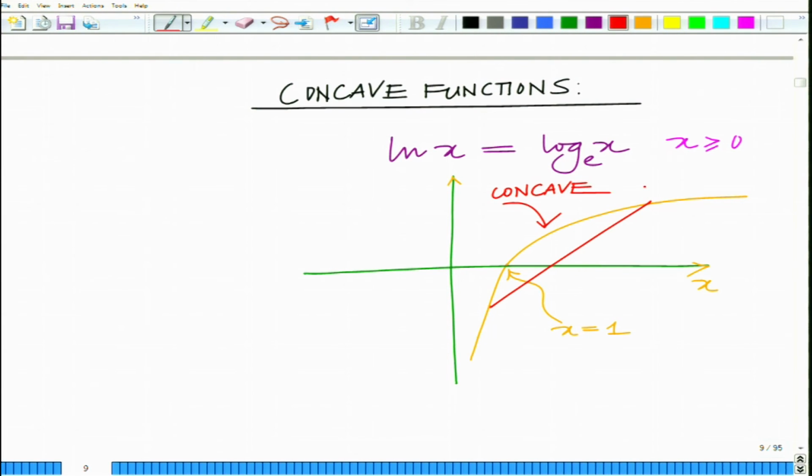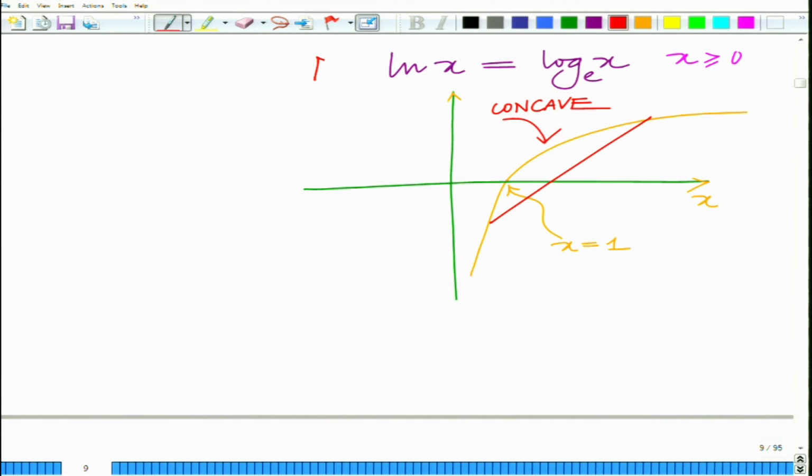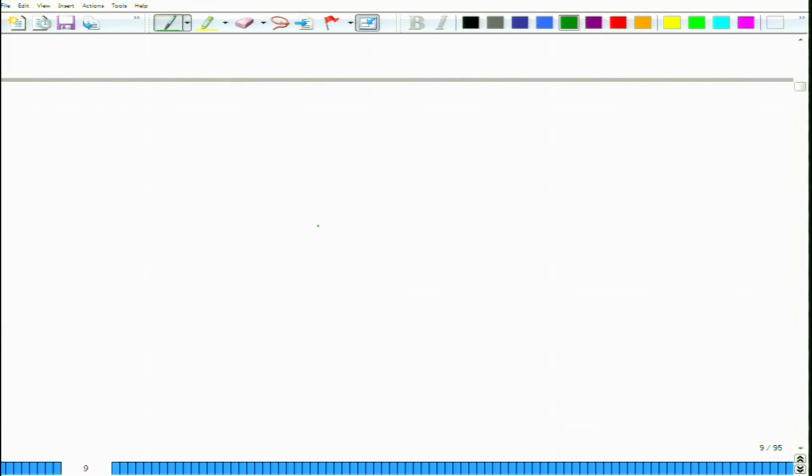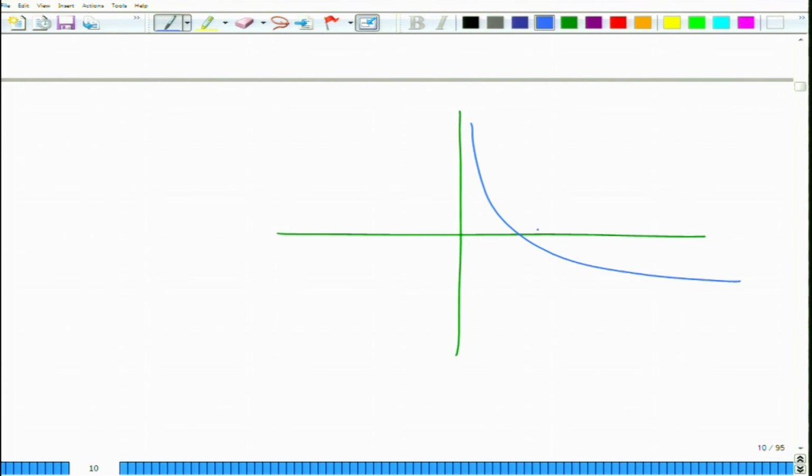concave. In fact, the right way to do it is you have to look at minus of f of x. So, this is your f of x, and minus of f of x, because as per our definition, remember, if minus of f of x is convex, then f of x is concave. If you plot minus of f of x, that looks like this. This is 0 at x equal to 1, as x tends to 0, it tends to infinity, as x tends to infinity it tends to minus infinity.